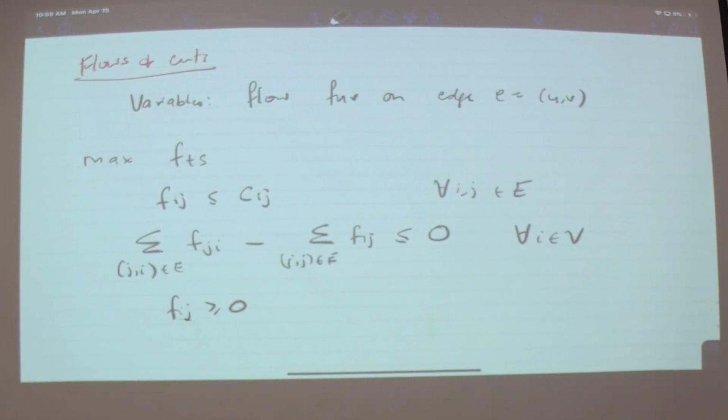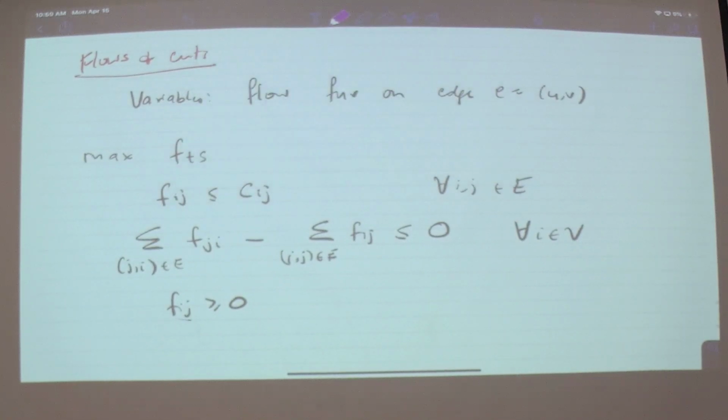So let's give them names. There's going to be a dual variable dij that's associated with this constraint here. And there's going to be a dual variable pi that's associated with this constraint here. Okay? All right. And just for convenience, we'll put this here.